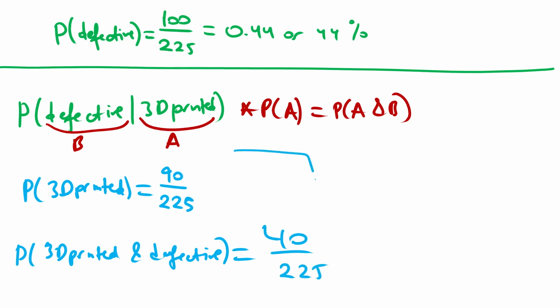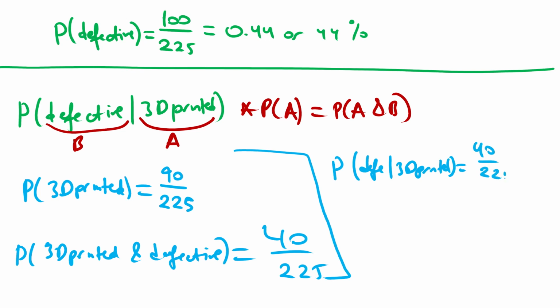Then using these results, we can find the possibility that something is defective given 3D printed, and it will be equal to 40 by 225 divided by 90 by 225, and then this will be equal to 40 by 90.